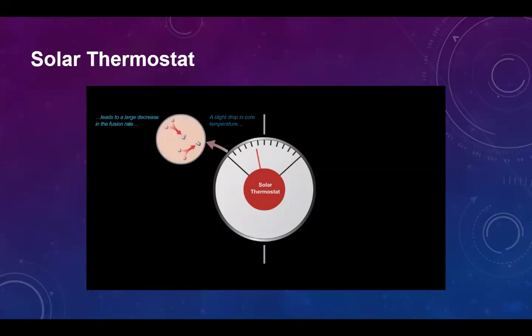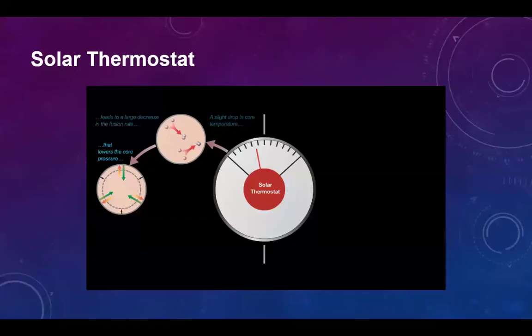The core would then be slightly out of energy balance because it's making less energy than the Sun is radiating from its surface, and out of gravitational equilibrium because the lower fusion rate would cause a drop in the core pressure. Now consider this question. What will happen to the core as a result of the decrease in pressure? Will it contract and heat, contract and cool, expand and heat, or expand and cool?